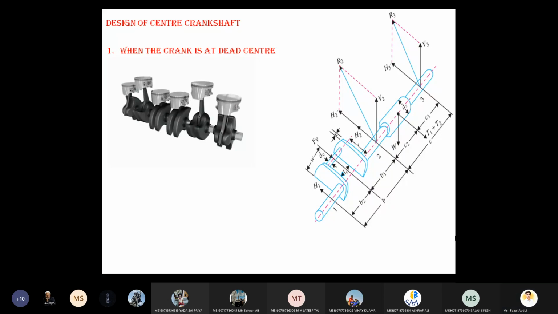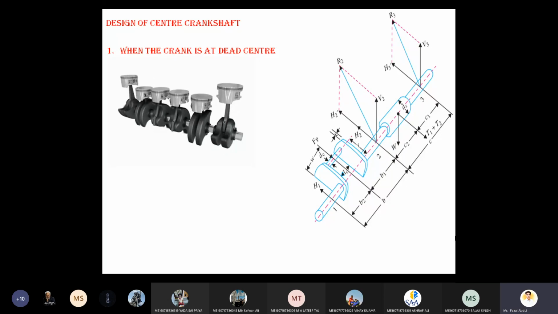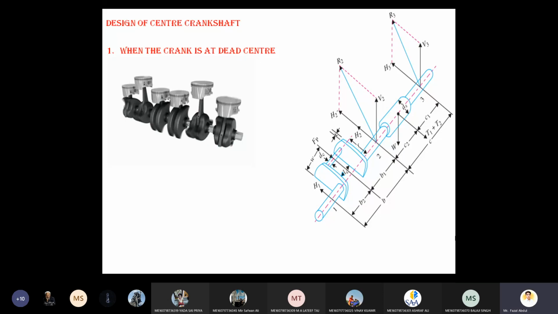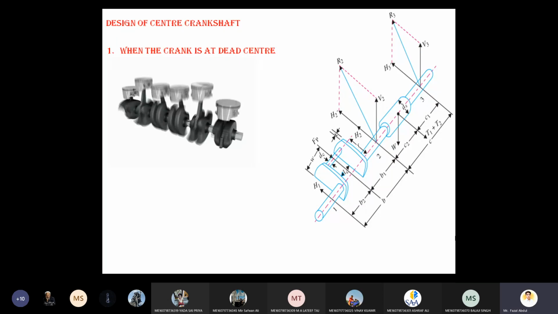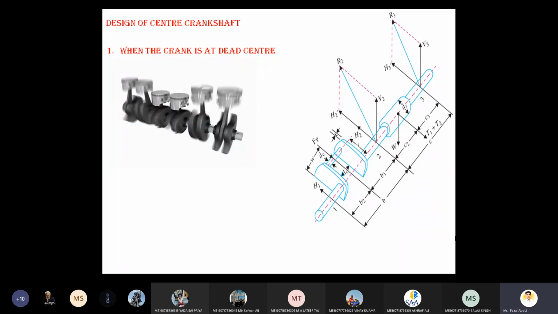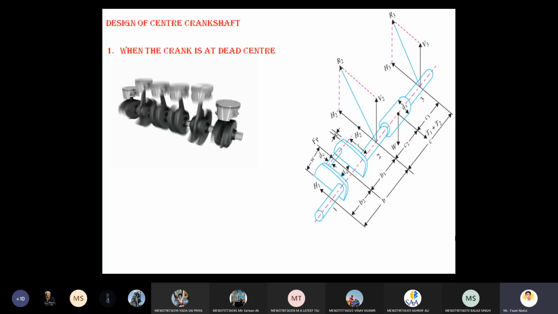First, when the crank is at the dead center, that is, when the crankshaft is subjected to the maximum bending moment. And second, when the crank is at an angle at which the twisting moment is a maximum.